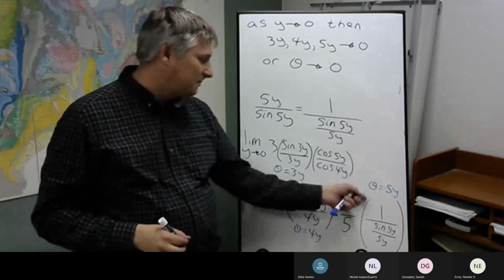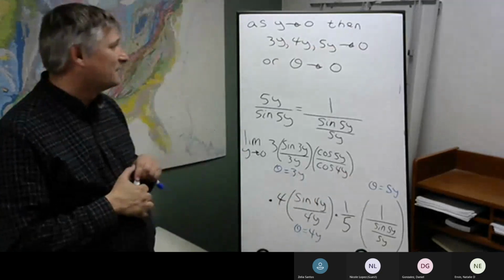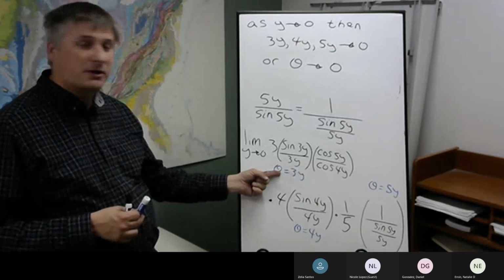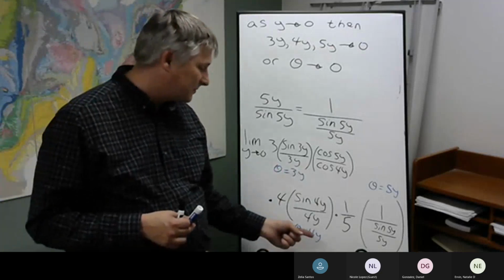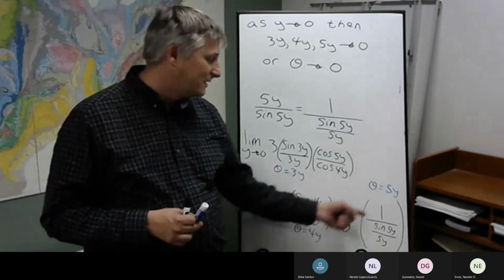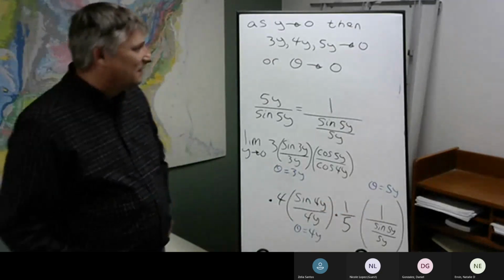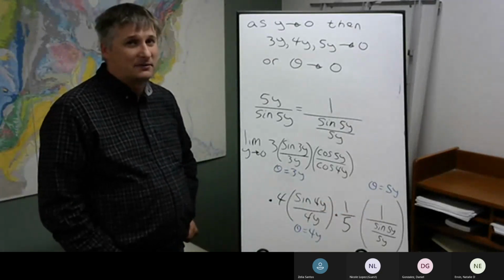In either case, theta will go to 0. So y going to 0 is the same as 3y going to 0. It's the same as 4y going to 0. It's the same as 5y going to 0. Questions about that?